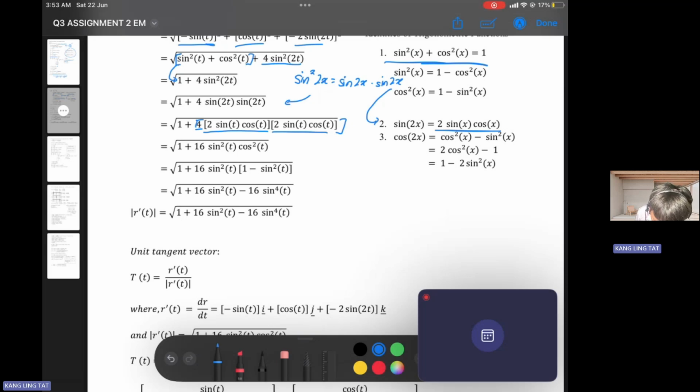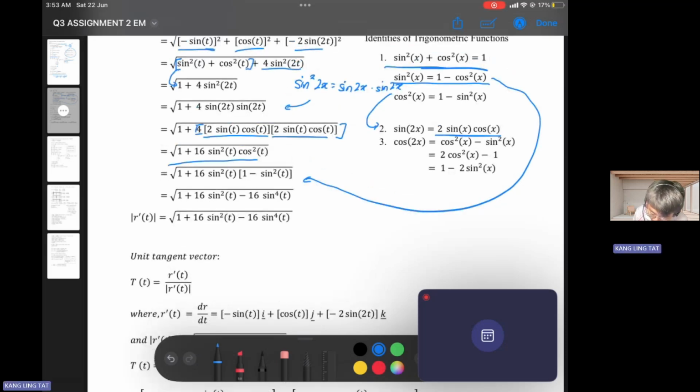All right, but it should be known that this can also be rewritten as here. So sine square x can be equivalent to 1 minus cosine square x. But here it will be in terms of t.